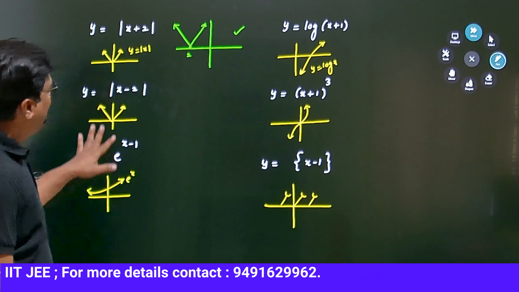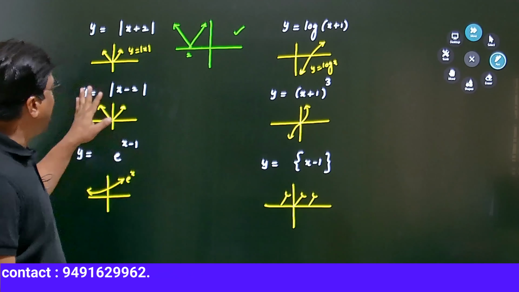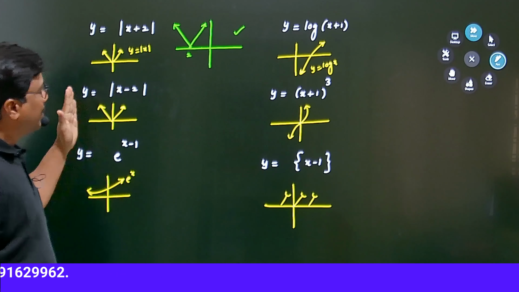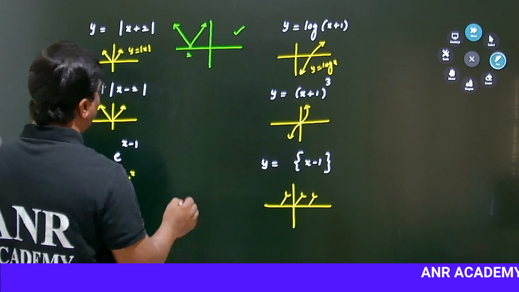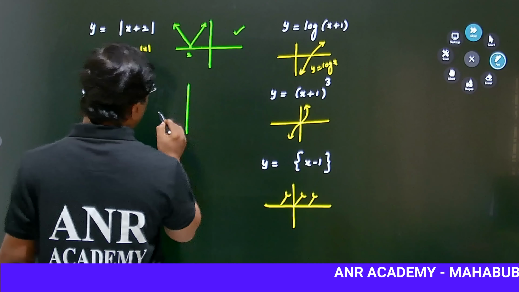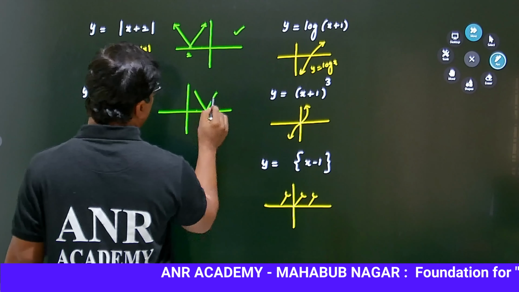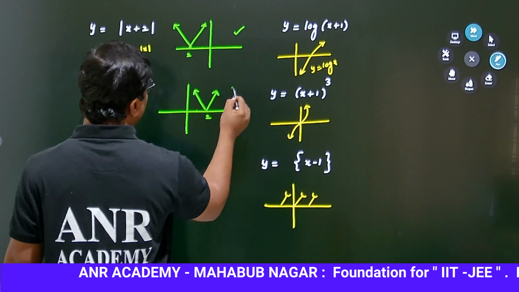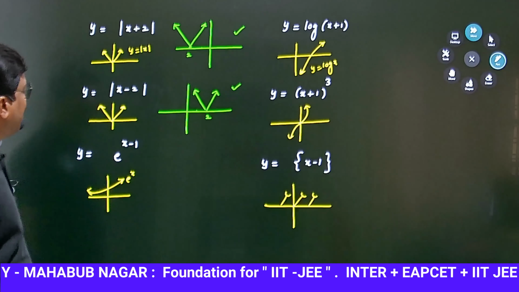Next, when the value of k is minus 2, then for a negative quantity you have to shift the graph towards right. Therefore, you will get a sharp edge at x equal to 2. This is the graph.